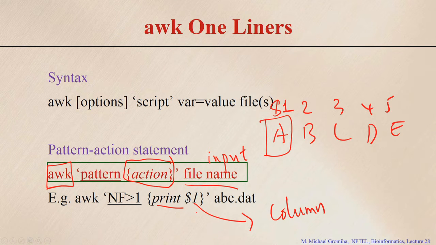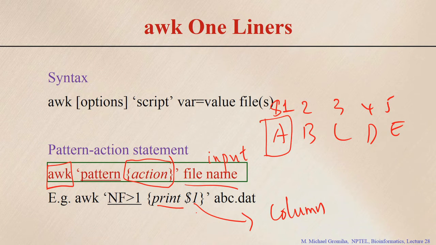Pattern means if it satisfies some condition, we need to do the action. So we can give some conditions. For example, if there is no empty line, if any line contains some characters, or any line contains any numbers, or any line contains numbers more than 50. You can find any pattern. If it satisfies the pattern, then do the action.